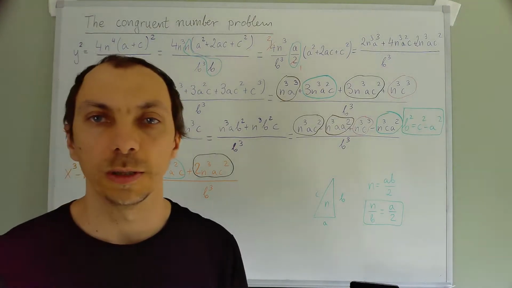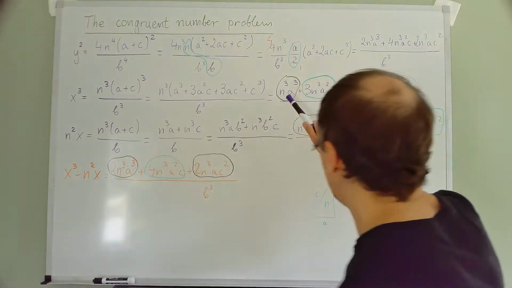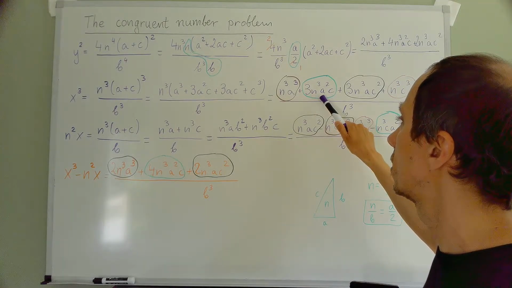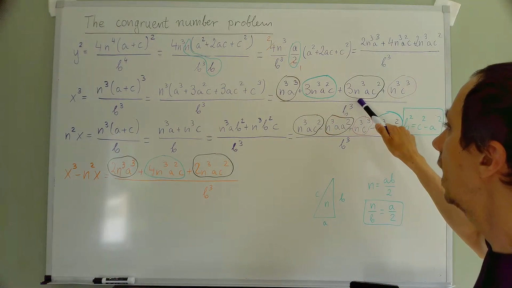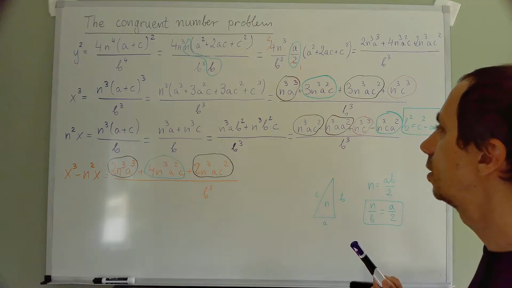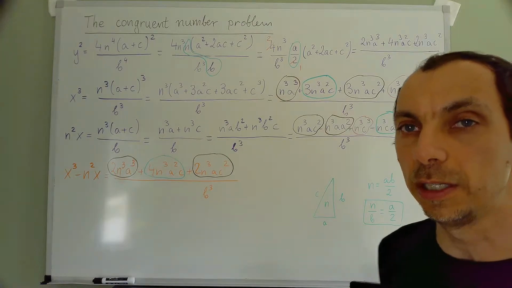And now if we just multiply the terms out, we get n cubed a cubed plus 3n cubed a squared c plus 3n cubed a c squared plus n cubed c cubed. Everything divided by b cubed.